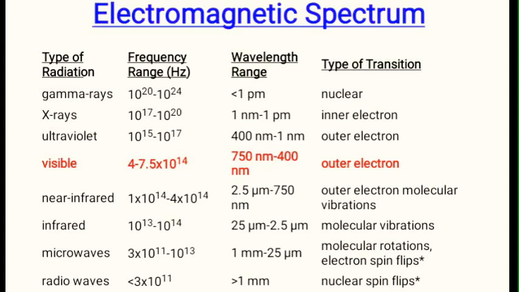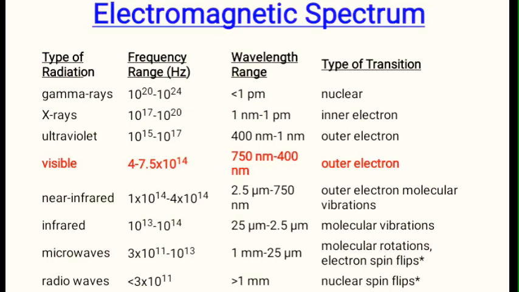Next, ultraviolet, the range is 10 raised to the power 15 to 10 raised to the power 17, and wavelength range is 400 nanometer to 1 nanometer, and the transition is outer electron.